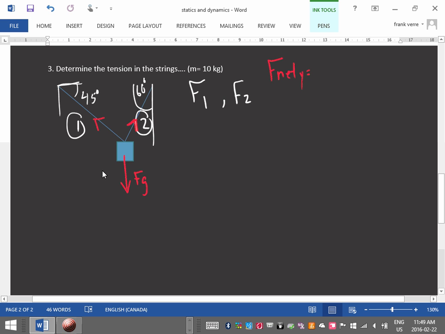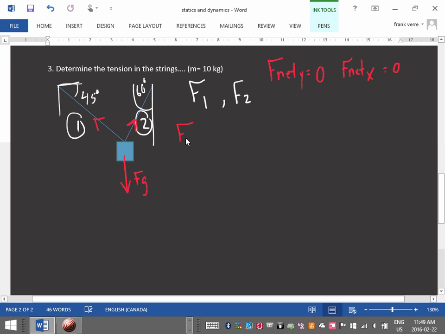Is it accelerating up or down? No. What's the net force in the x? Is it moving left to right? Is it accelerating left to right? No. Okay. So let's think about the y direction.